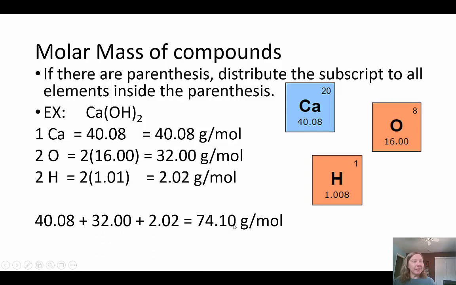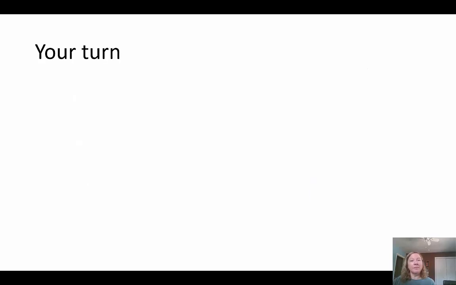Thinking about sig figs, do I need the 0 at the end? Yes. Yes, I do. Why? Because each of these numbers has 2 decimal places, and we would trim it to the same number as the least. They're all the same, so we need this one to be the same also. Correct answer is 74.10 grams per mole of calcium hydroxide.